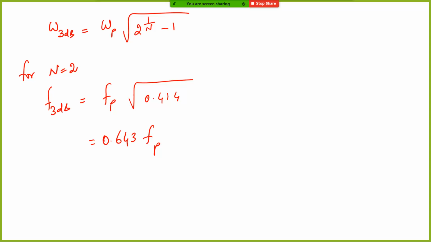So whatever you predicted earlier is absolutely right. For a two-stage system, or for that matter any multi-stage system, the bandwidth f3 dB is always lesser than the single pole 3 dB frequency of the individual amplifiers.